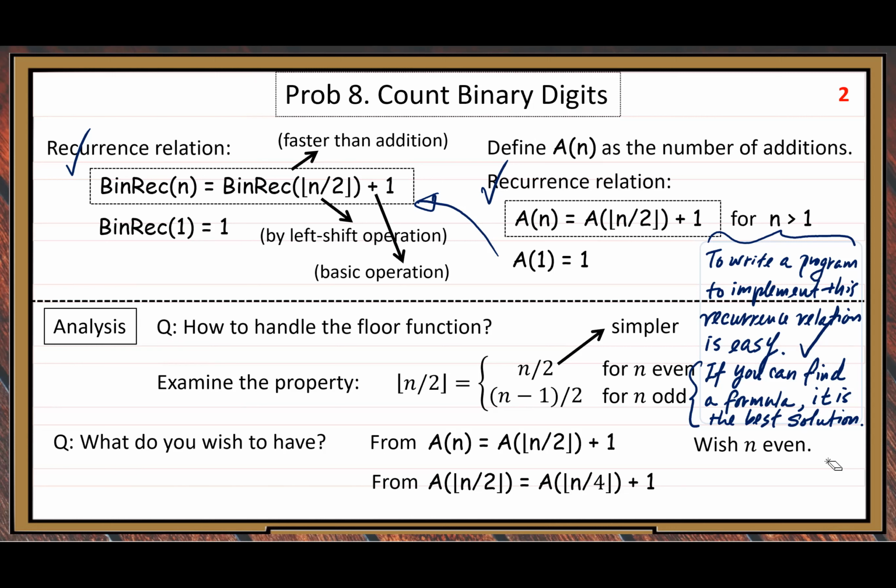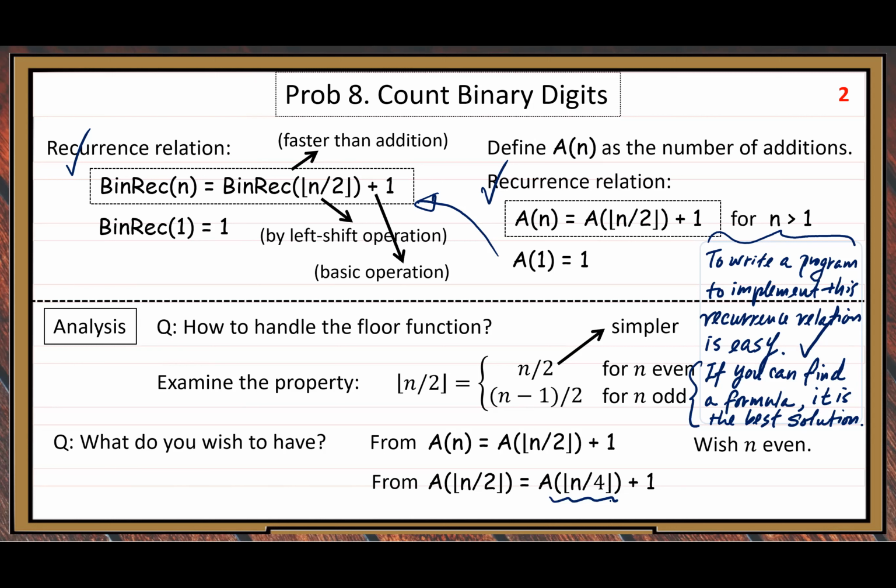So this time, on the left-hand side, the floor function is already gone because n is already even. We don't need that floor function. But on the right-hand side, with n/2, the floor function is still there, right? It cannot be removed.